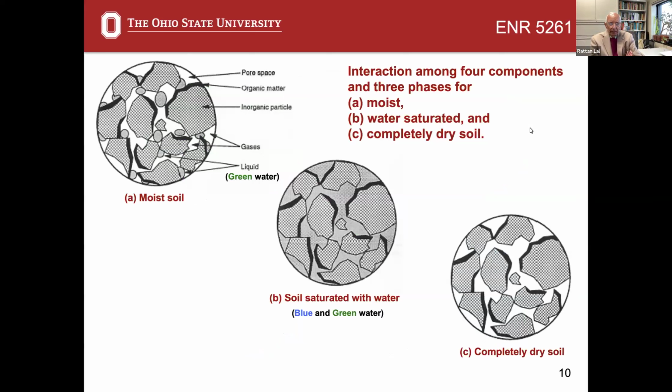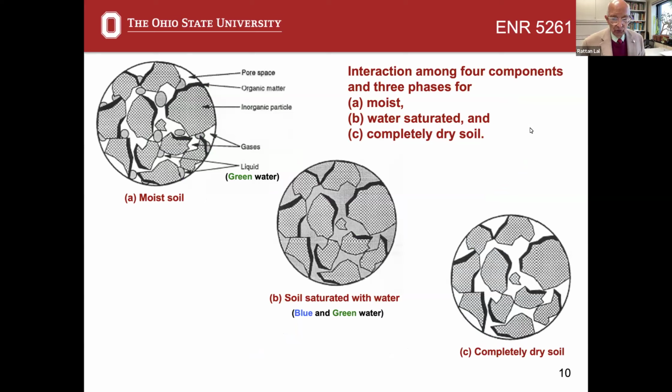That brings us to looking at the soil-water interaction and air. The voids, the pore space, contain water and air. And if the soil is saturated, as in the central circle, there is no air. And as soil is completely dry, there's no water. Normally, we have soil with some water and some air. That's called moist soil.